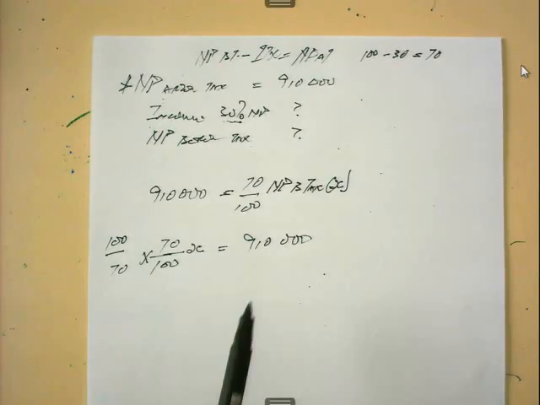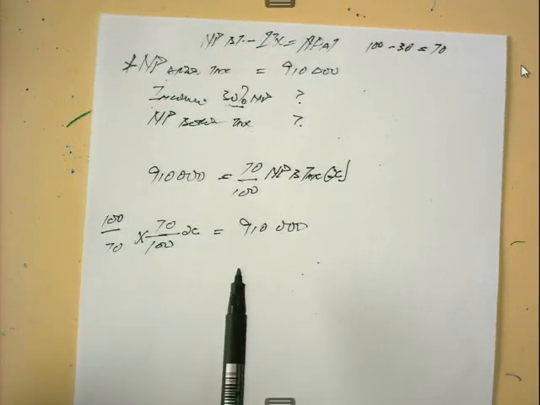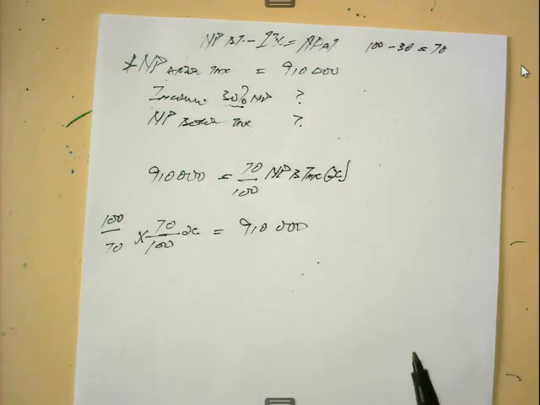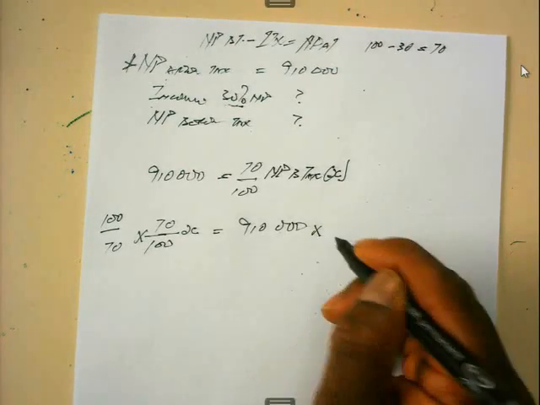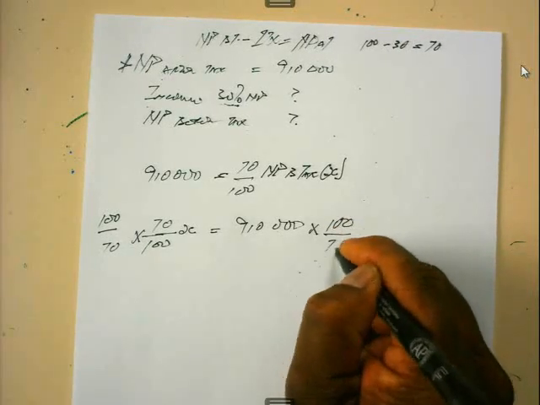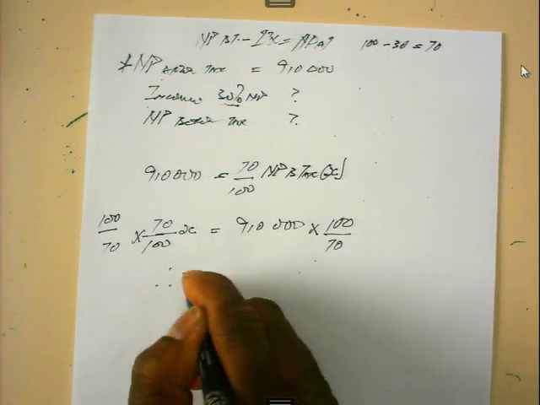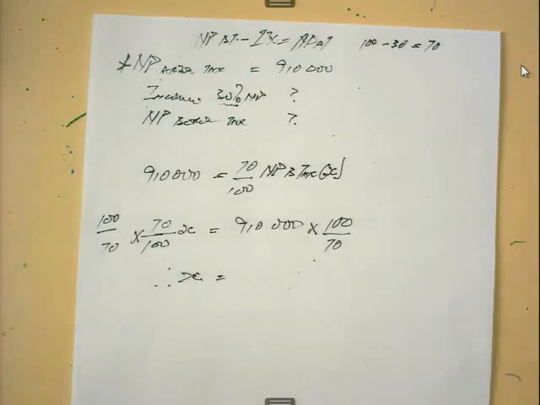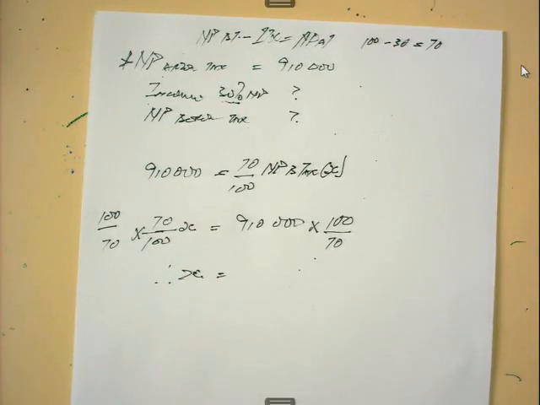Remember, what you do on one side of the equal sign, you must also do on the other side. We multiply by 100 and divide by 70 because we're solving for X, which represents net profit before tax. So it is 910,000 times 100 divided by 70.